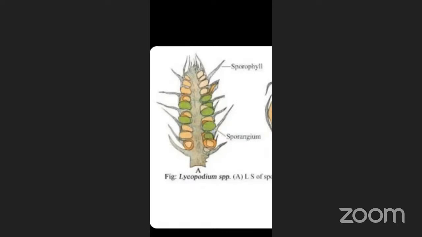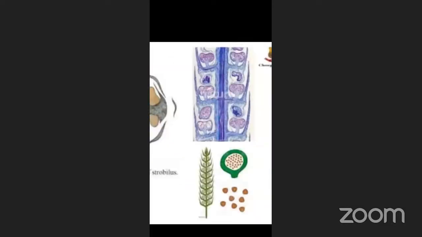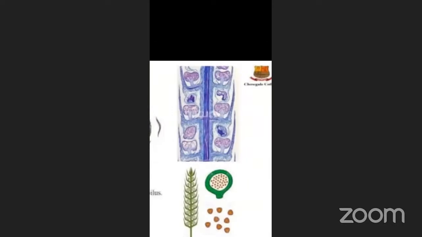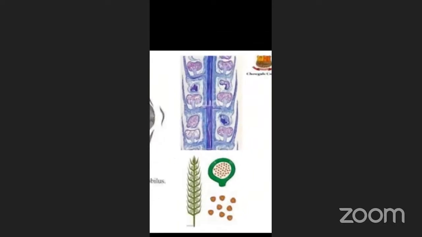The pear-shaped sporangia are there. When we take a transverse section of the sporangia, they are kidney shaped. In the sporangia, spores are there.